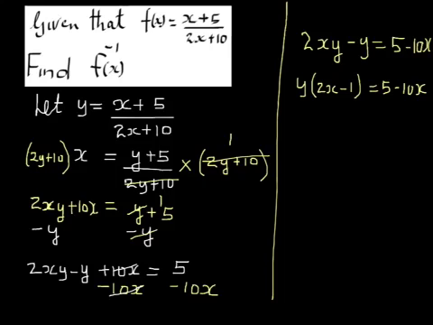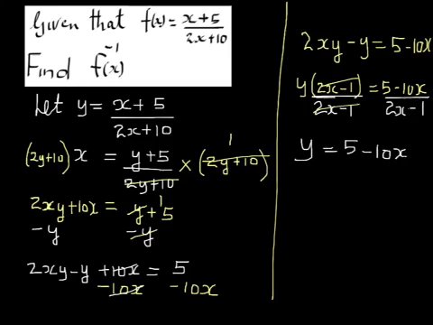By dividing both sides by 2x minus 1. Now 2x minus 1 can cancel out there, so what we have left now is y equals 5 minus 10x over 2x minus 1.